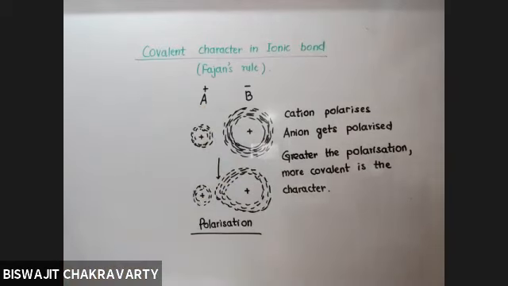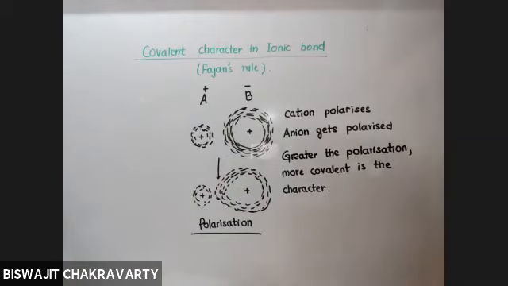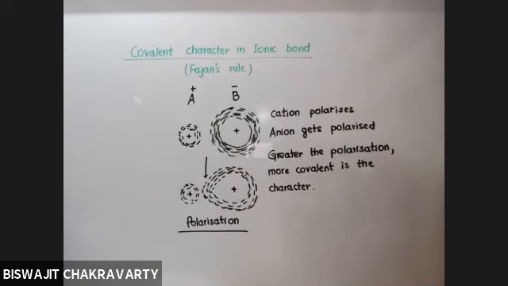Because if the size of the cation also would have been larger, then the nucleus would have been more busy to attract its own electron. Forget about attracting somebody else's electron. So because the cation is smaller, its nuclear charge is high, and therefore it is not only satisfied with its own electron, and that is why it starts attracting the electrons of others. Now, those who are thieves and dacoits, why do you think they do such kind of act?